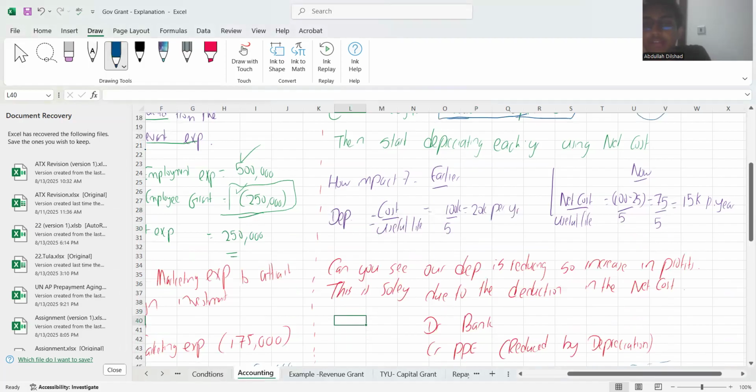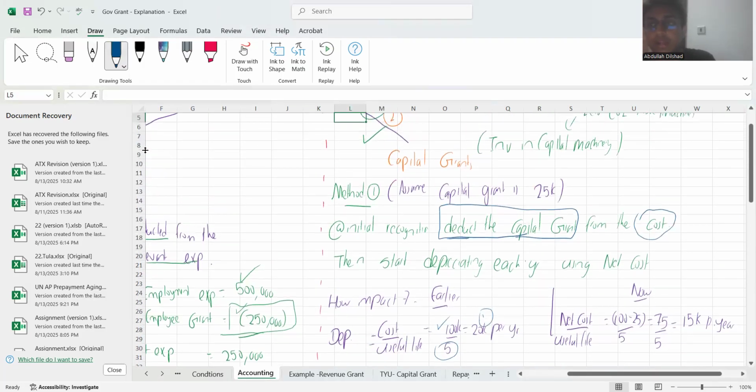Now, earlier, for an example, your cost was 100,000 of that asset, right? You had a useful life of 5 years. You know, when you buy an asset for the company and if it's used for business purposes, you need to do annual depreciation, right? So you get an annual depreciation of 20,000 per year.